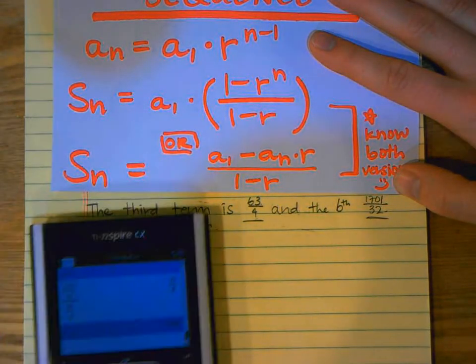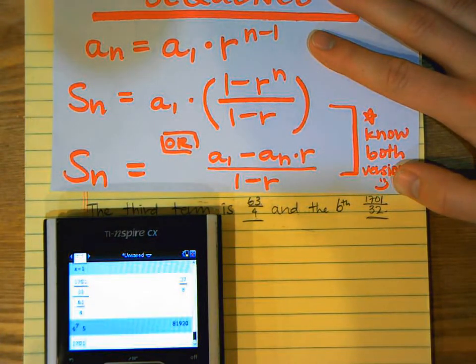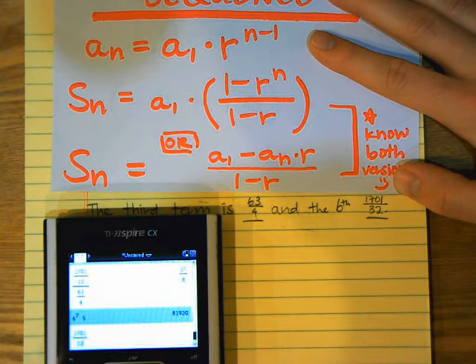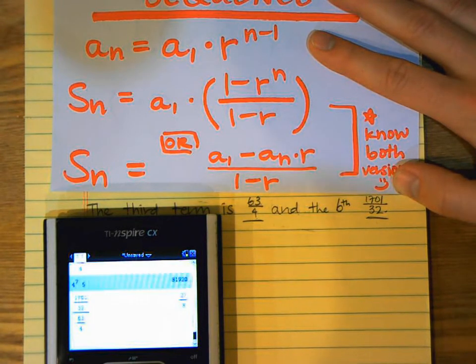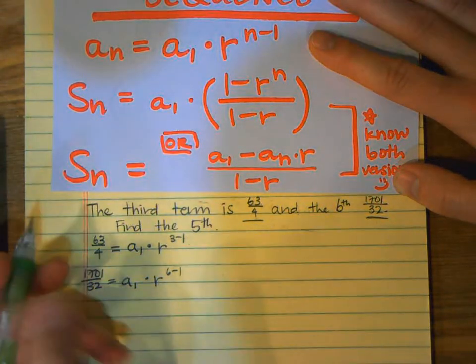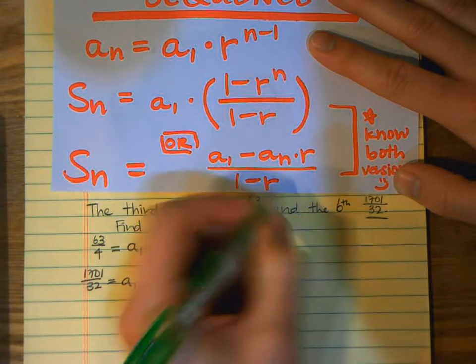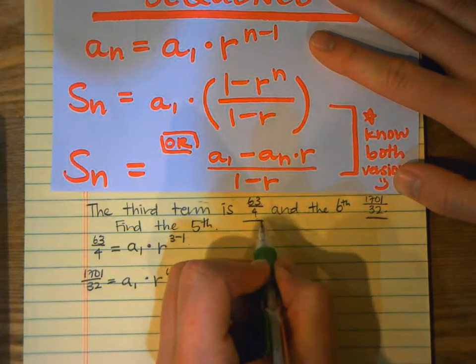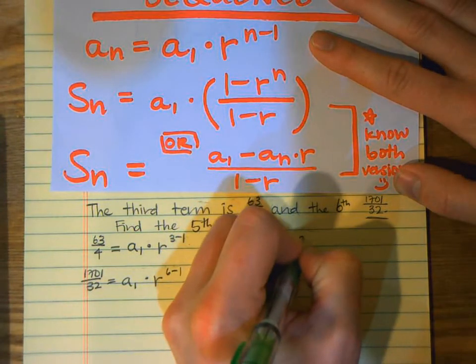And in my calculator, I'm going to do 1701 over 32 divided by 63 divided by 4, or 63 over 4. And when I do that, I get, I don't know if you can see at home, but I get 27 over 8. So the ratio between the sixth and the third term is 27 over 8.